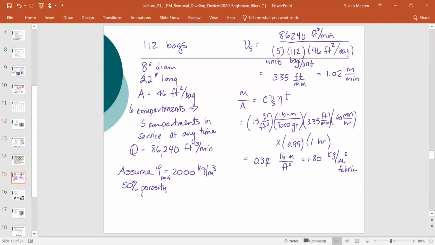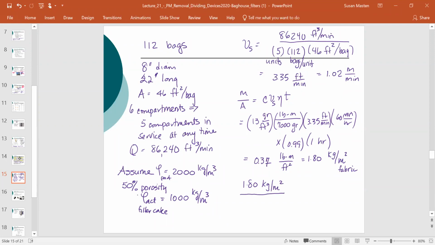So when those particles deposit, we're assuming that there's 50% porosity, so the actual density of the filter cake is going to be 1,000 kilograms per meter cubed. And we have 1.8, and I'm switching to metric. As you all know, I much prefer metric.